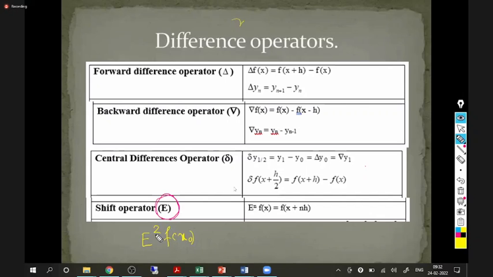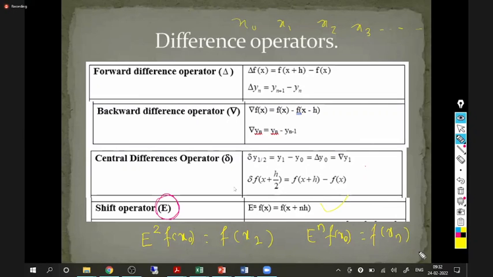So E square means instead of writing the functional value at x0, we write the functional value at two shifted points. So x0, x1, and x2. So f of x2 is actually x0 plus 2h. I hope you are getting it. E square of f of x0 is f of x2. In general, E to the n of f x, provided it is x0 here, is f of xn. Here it is E raised to n of f x, that is f of x plus nh. Okay, x plus nh, that is the formula you have there.